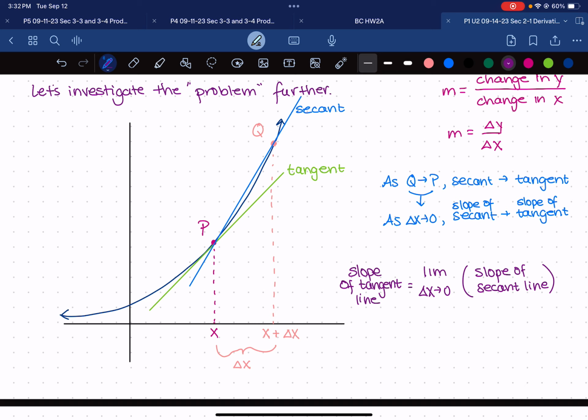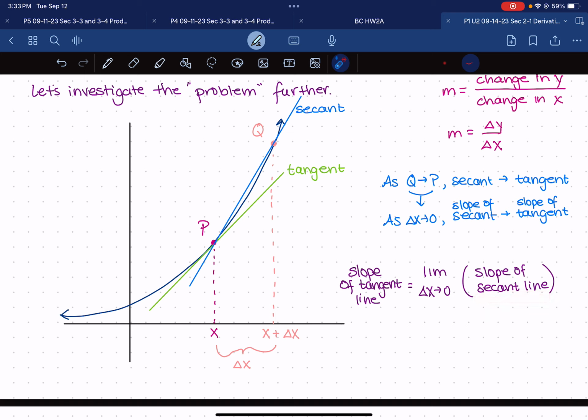So we're starting to get closer and closer to a formula here. The slope of the tangent line is equal to the slope of the secant line as delta x approaches 0. So now all we need is a formula for the slope of the secant line.